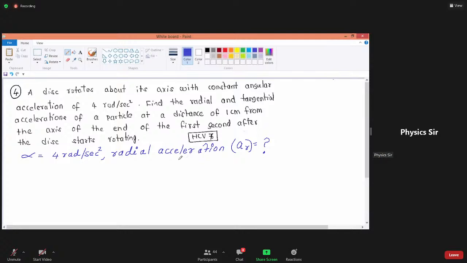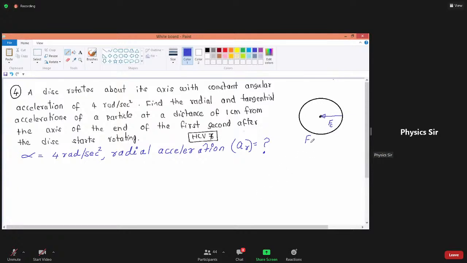The centripetal force is always directed towards a center. If a body is rotating in the circular path, then there is a force that is always directed towards a center, and that is called the centripetal force.